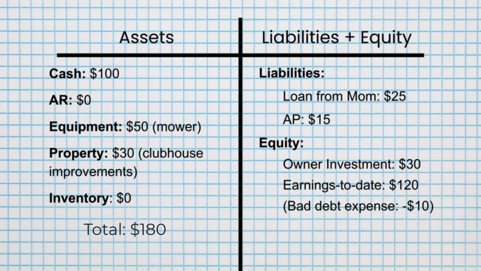Now with liabilities, we show a loan worth $25, accounts payable also worth $15, which were the supplies bought on account, for total liabilities of $40.